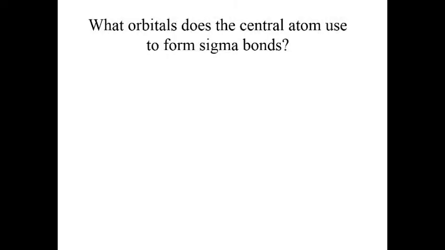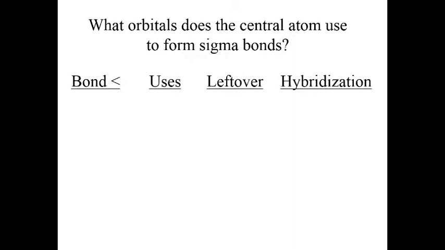Let's keep track of what orbitals the central atom uses to form sigma bonds to terminal atoms. We should note that the hybridization correlates with the bond angle, which comes from the number of electron groups surrounding a central atom. If the bond angle is 180 degrees, the central atom uses its s orbital and one of the p orbitals, the one that lies along the same axis as the terminal atoms.